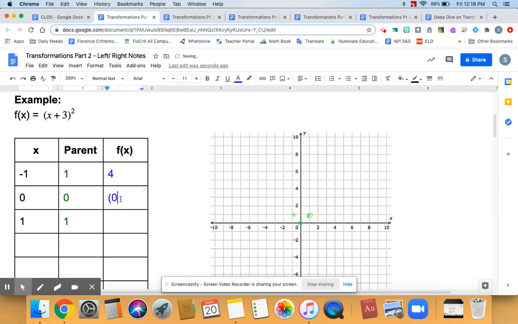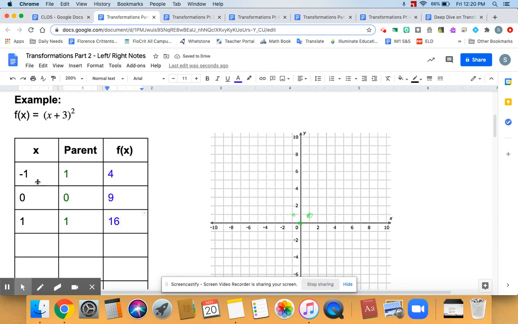I plug in 0 plus 3 squared. 0 plus 3 is 3. And then 3 squared, 3 times 3 is 9. If I plug in 1, 1 plus 3 squared. 1 plus 3 is 4. And 4 squared, 4 times 4 is 16.